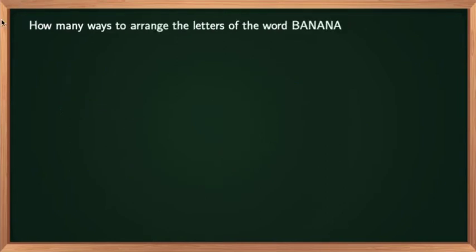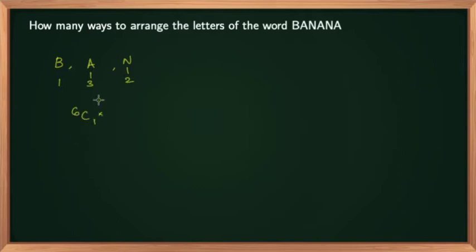Okay. Now, how many ways to arrange the letters of the word banana? See, there are 6 letters, out of which B is not repeated. B happens only once. A happens 3 times, and N happens 2 times, right? So B can take any of these positions, which means you can do it in 6C1 different ways, right?